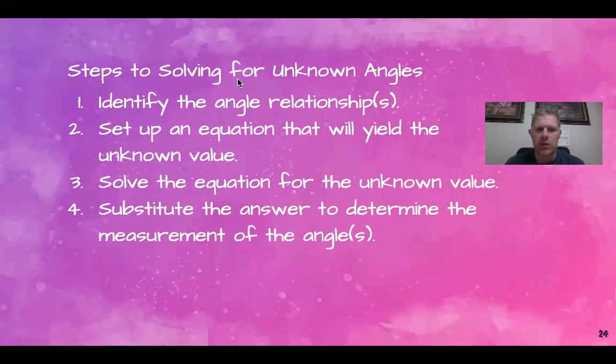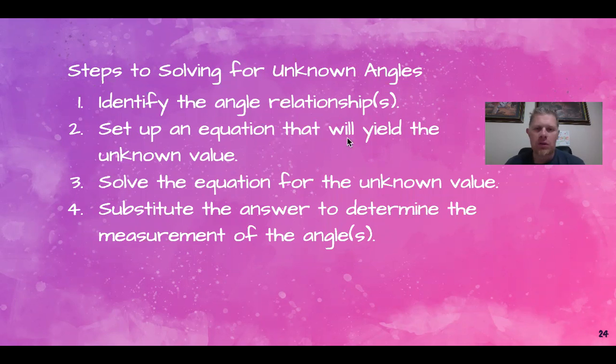All right, so here are the steps. Identify the angle relationship. What type of angle is it? Vertical, adjacent, supplementary, right, complementary? You don't have to write that down, just think about it in your head as you look at the shape.